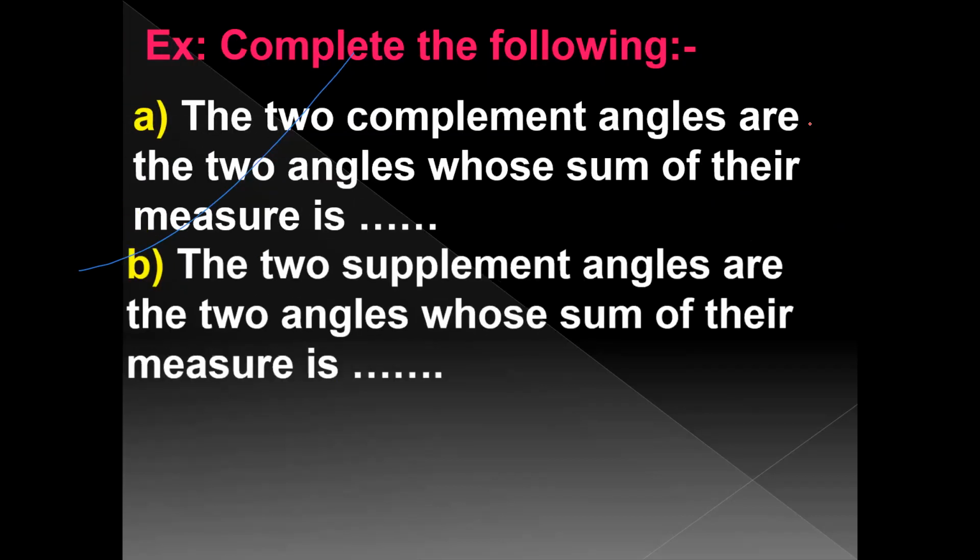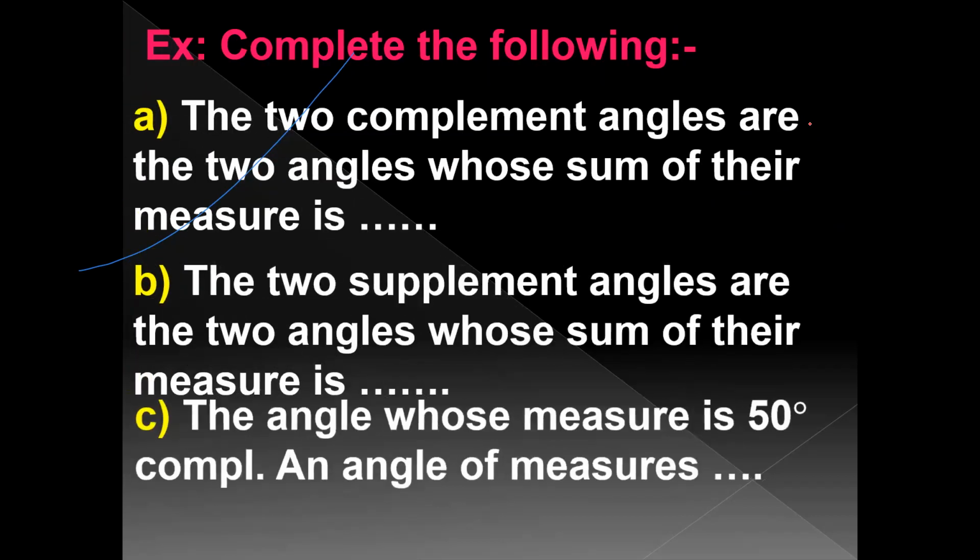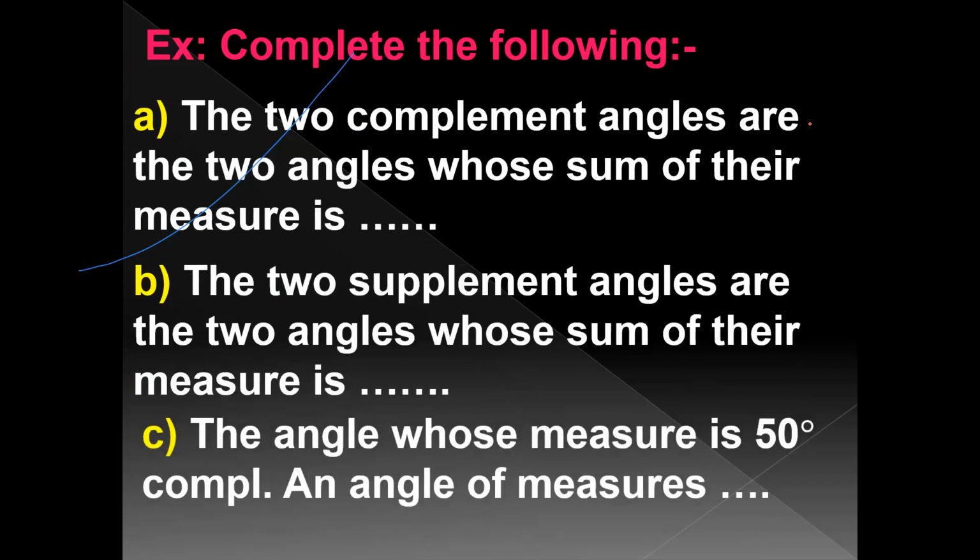Complete the following. The two complementary angles are the two angles whose sum of measures is what? Complementary angles are 90 degrees.